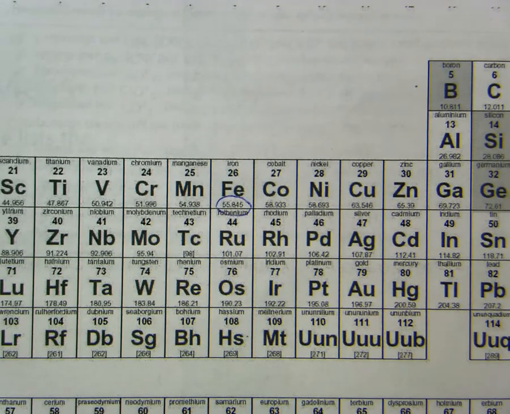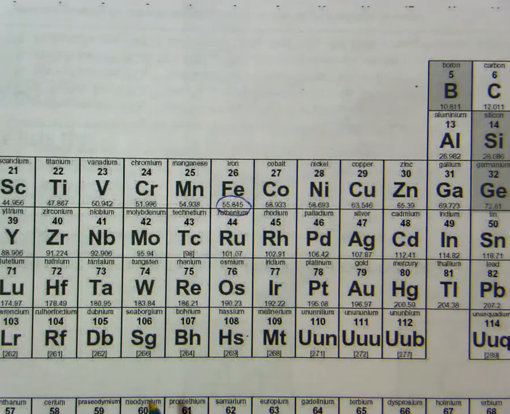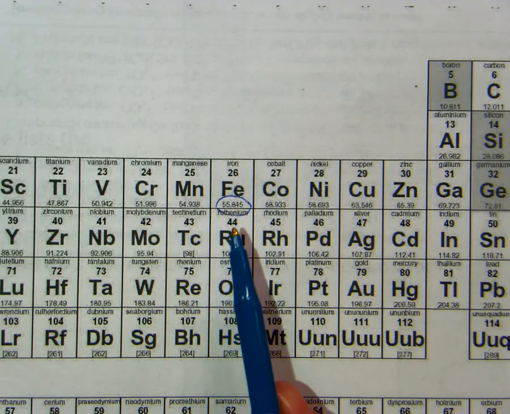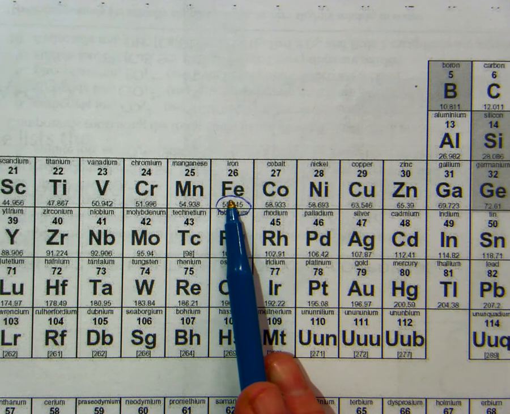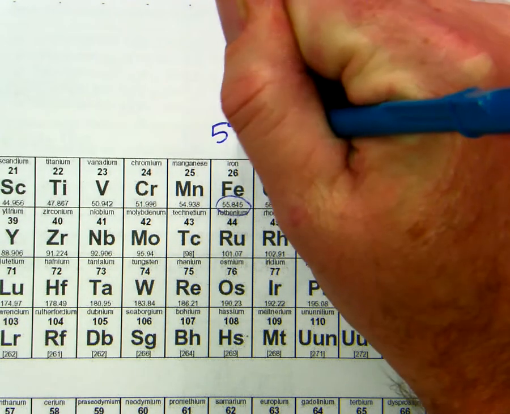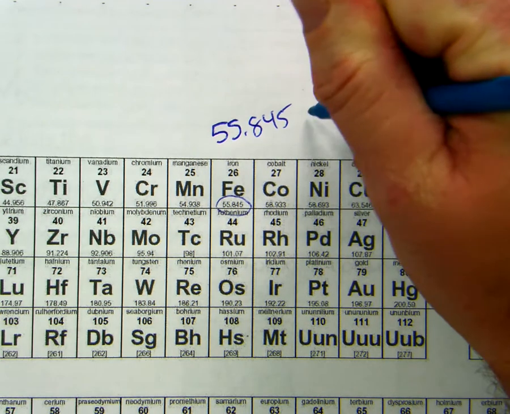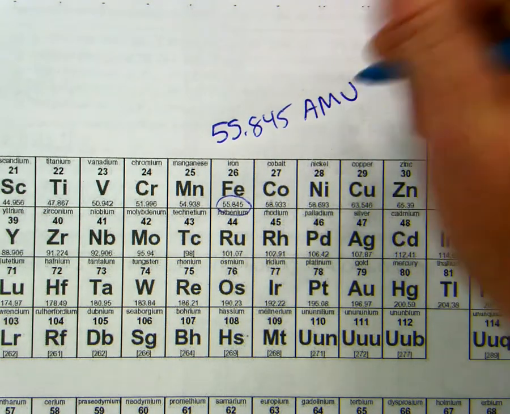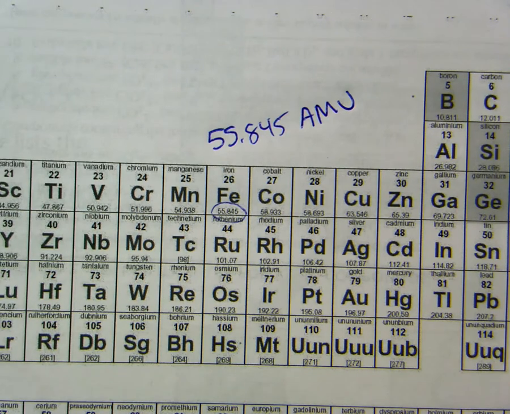Now, before, we called that the weighted average mass. And if I asked you for the mass of an average iron isotope, for iron, you'd say, oh, it's 55.845, and the units you would have used would have been AMU for atomic mass units.